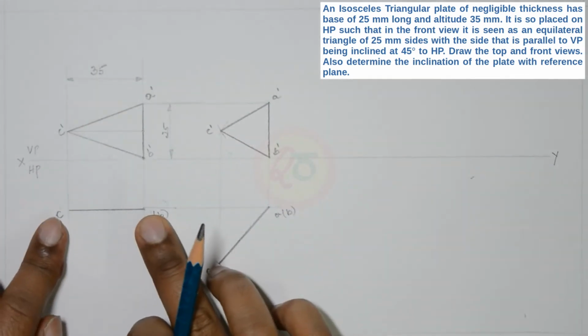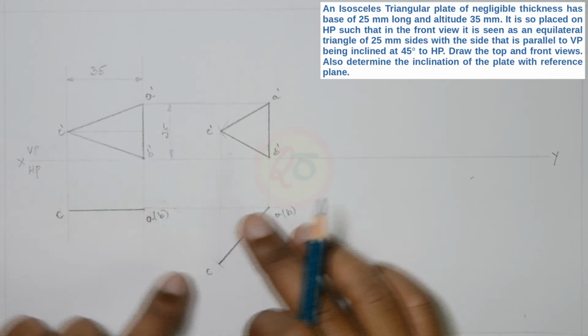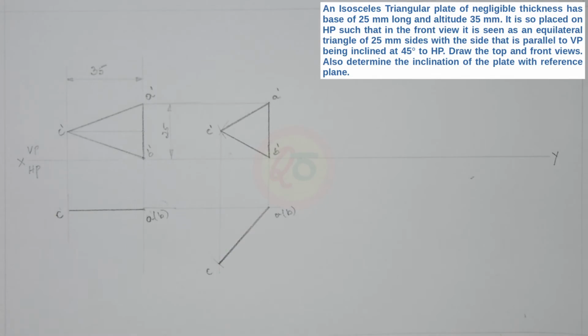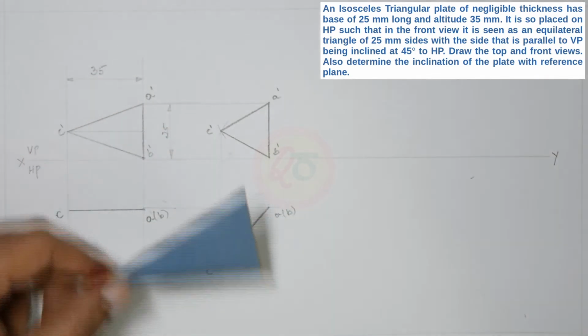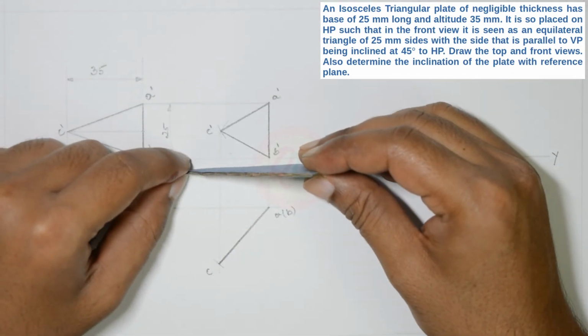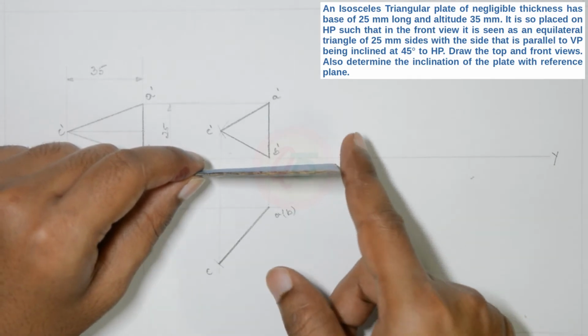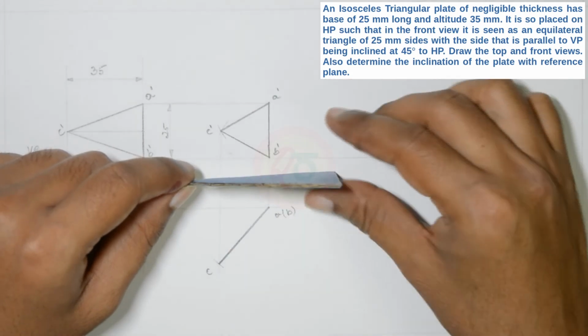The top view length from first position does not change even in the second position. Okay, since when you are seeing from the top, initially it was like this. You would have projected the triangle as a straight line.